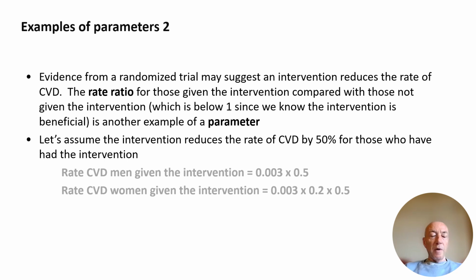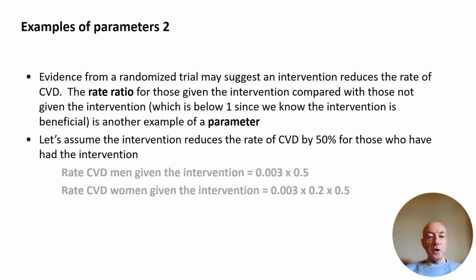Now, evidence from a randomized trial may suggest that an intervention reduces the rate of cardiovascular disease. The rate ratio for those given the intervention compared with those not given the intervention, which is below 1 since we know the intervention is beneficial, is another example of a parameter.